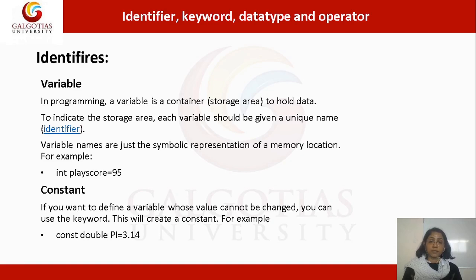Here the name of the identifier is pi, and the amount of space allocated for pi is based on the double type of the identifier, and the value being stored is 3.14. That cannot be changed; it will always remain 3.14, and that is denoted by using a keyword that is const, or constant.